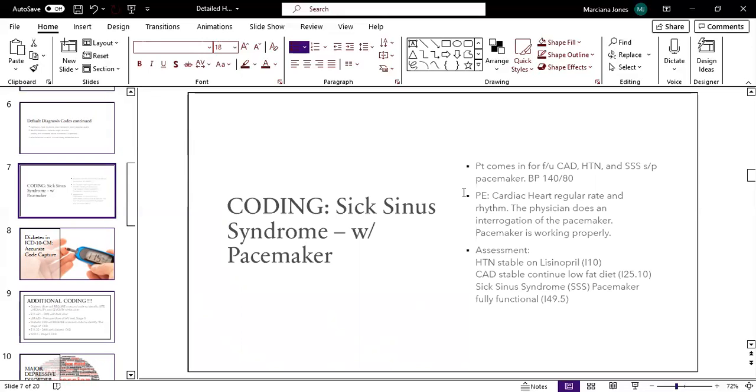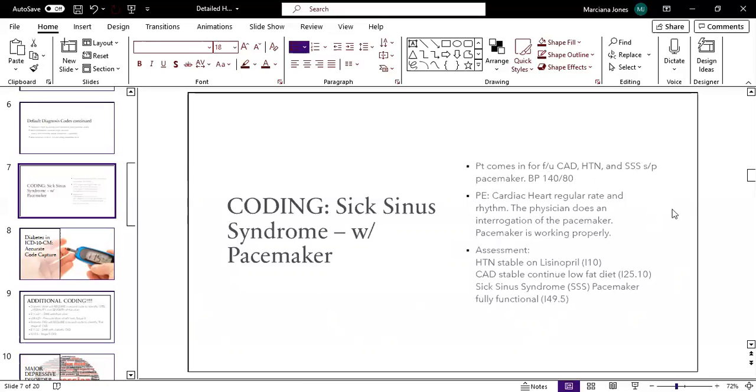Okay. So I've put a lot of abbreviations in here as well, because you'll see that on a lot of patient charts. The patient comes in for follow-up for CAD, which is coronary artery disease, HTN, which is hypertension, and SSS, which is sick sinus syndrome. And when you see S/P like this, that is status post, which means this is after something has been done or after the condition.